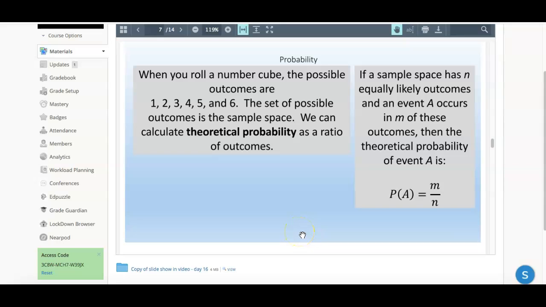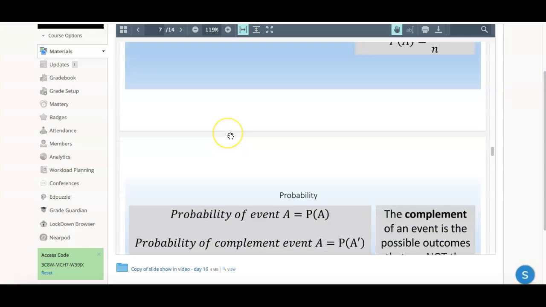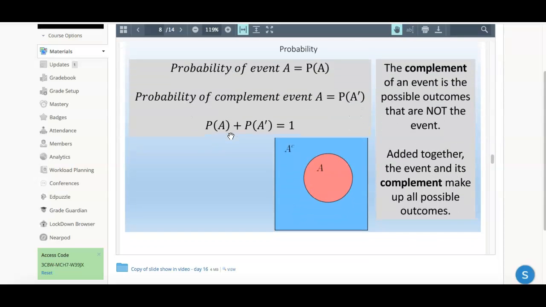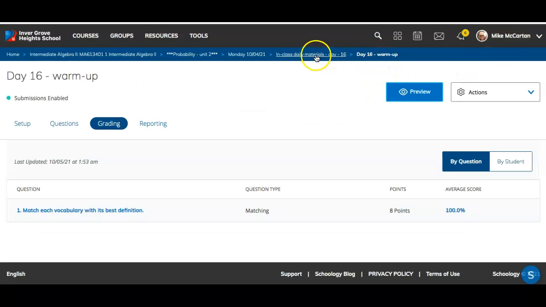Probability is a fraction between 0 and 1. All right, a complement, obviously the last one. I think it's right there, guys. It's all the possible outcomes that are not the event. All right, go ahead and submit that. I'm moving right along here.